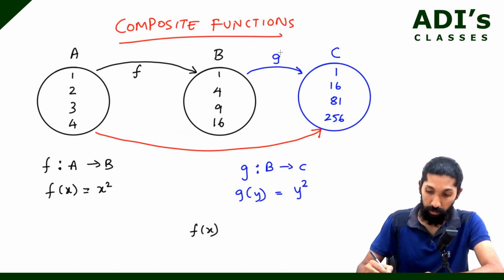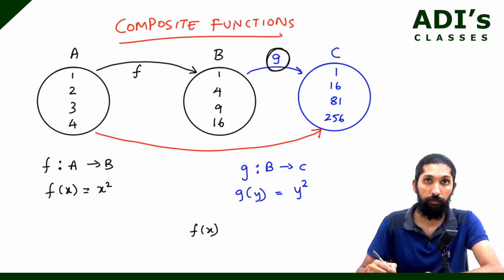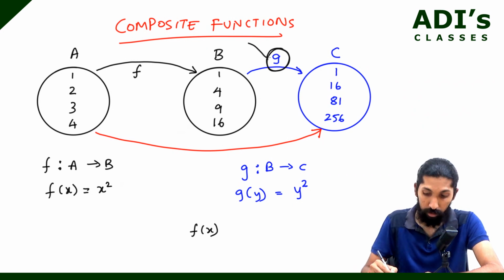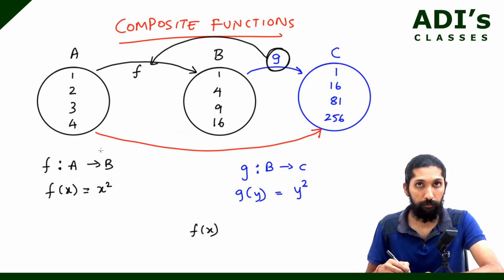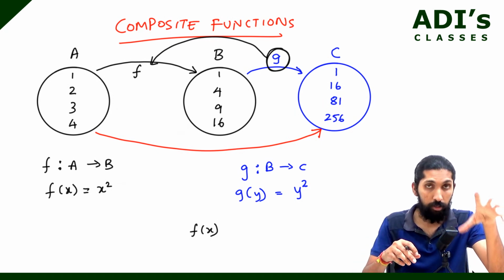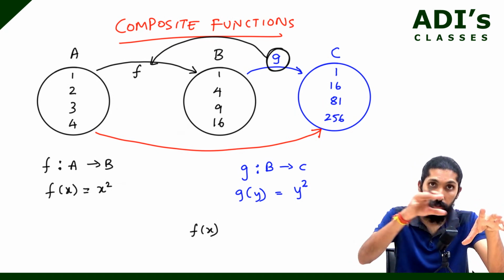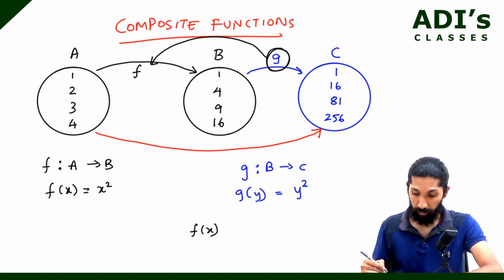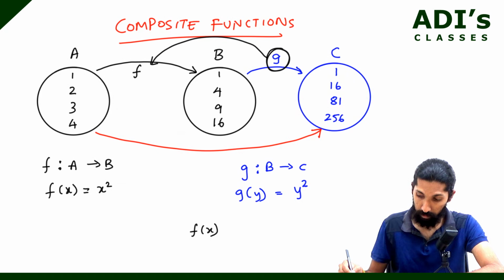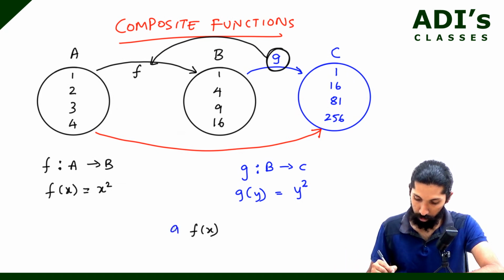Now this function g includes the f of x function, so g of x, or g of y, includes f of x. So we write the g value outside. In this case, it's going to be g of f of x.